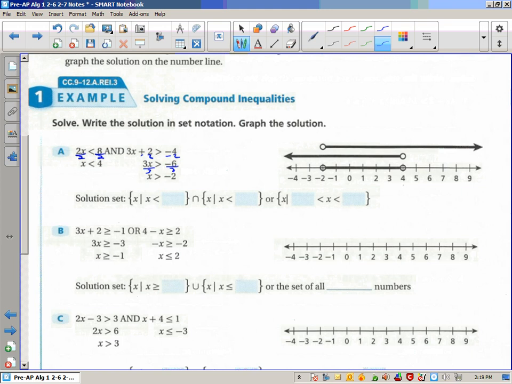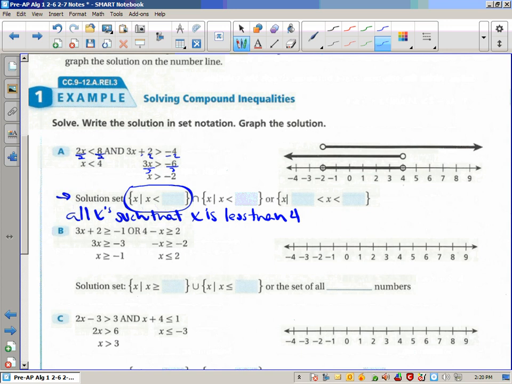So here is this notation. Now, you have not seen this before, so let me explain what you're going to see right here. These curly brackets just mean this is one part of the solution, and this means all x's such that x is less than our answer that we got, which was 4.